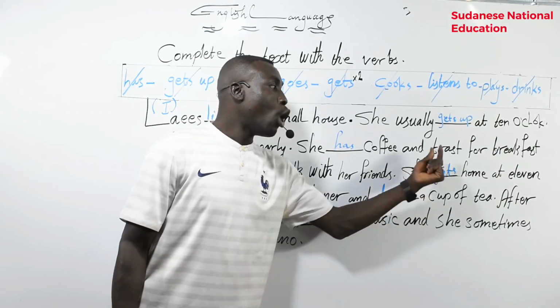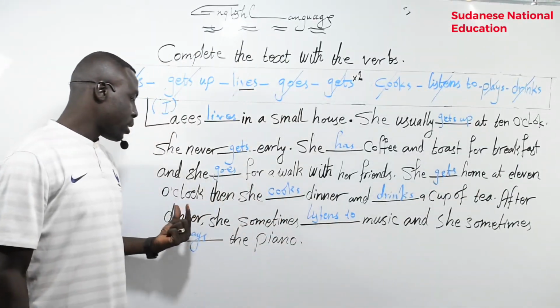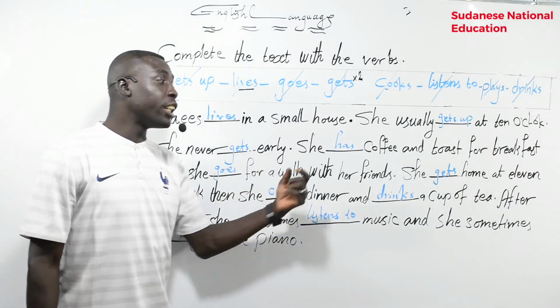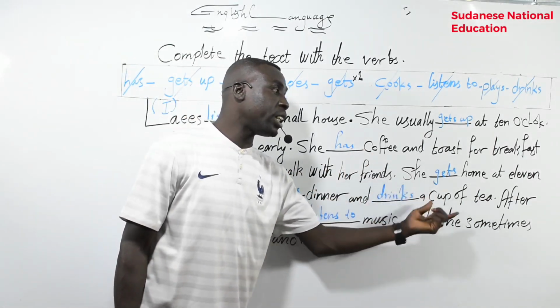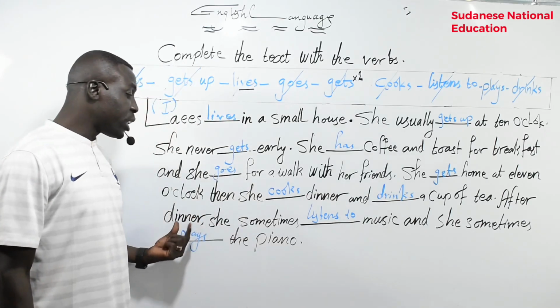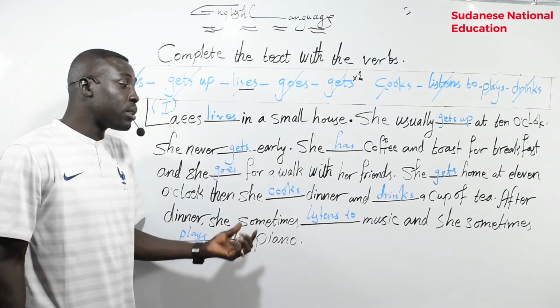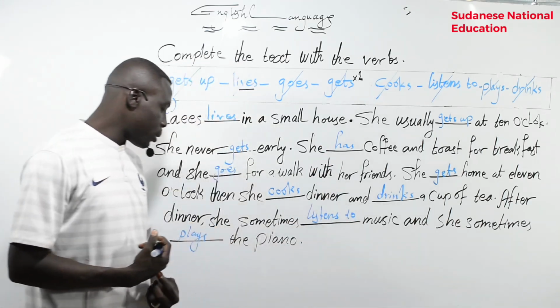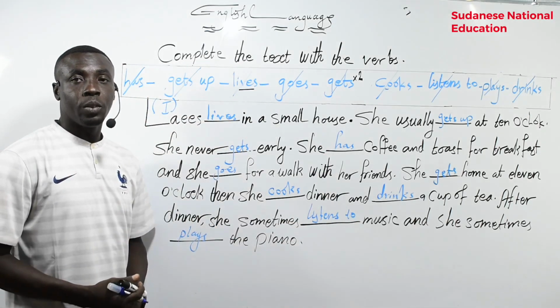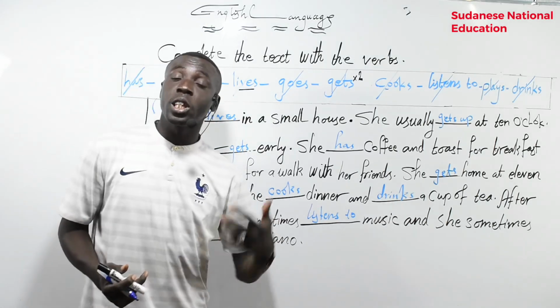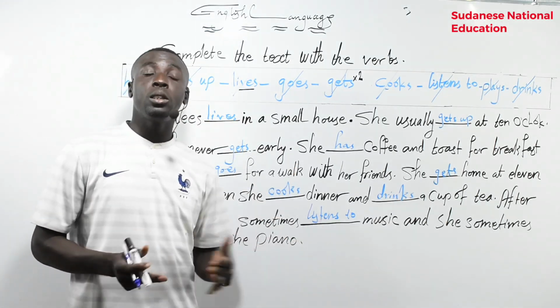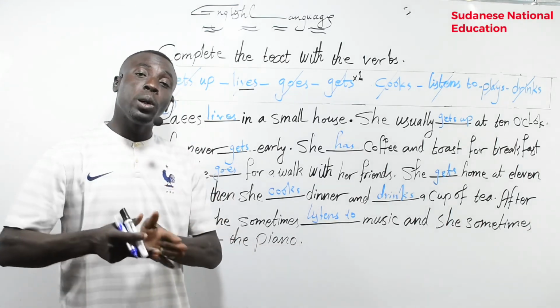I get home at 11 o'clock. I cook dinner and drink a cup of tea. After dinner, I sometimes listen to music and I sometimes play the piano. So when we change the subject from singular to plural, the verb is always infinitive.